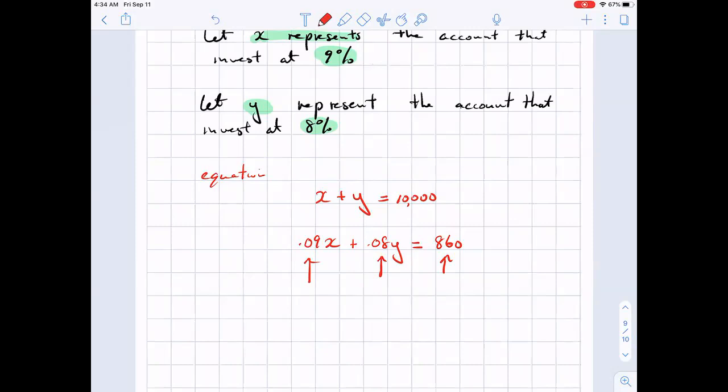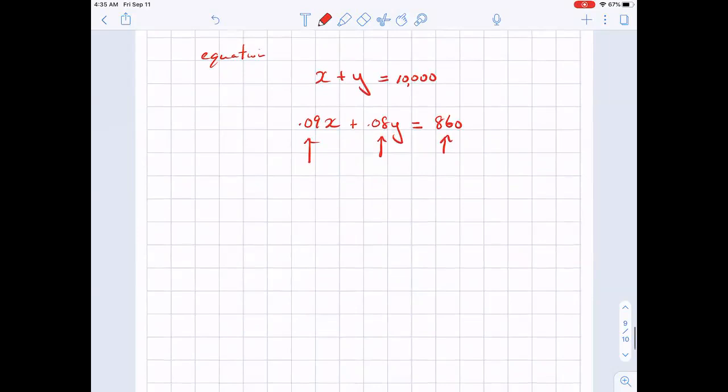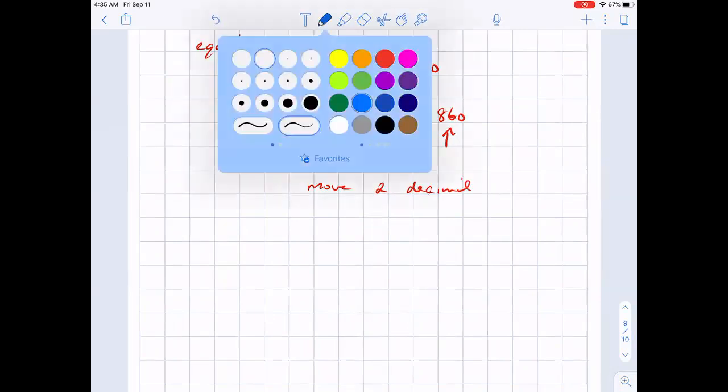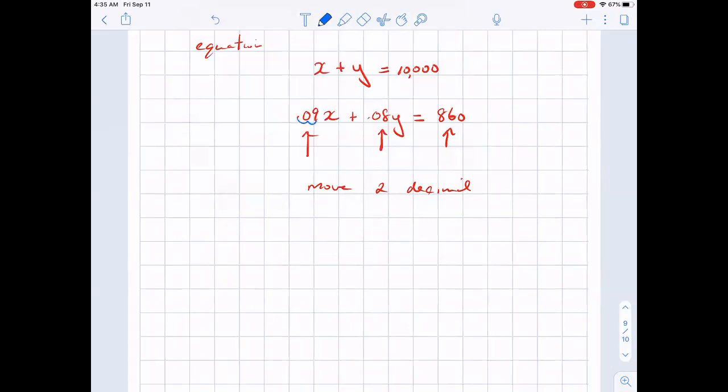And once again, we're going to get rid of those decimals. So move 2 decimal places. So if we move 2 decimal places, 1, 2, here's the decimal, 1, 2.